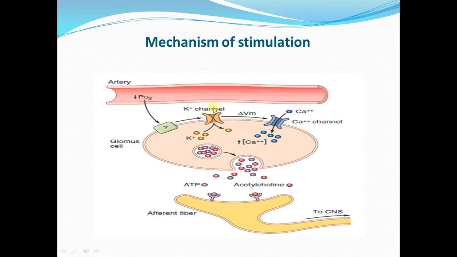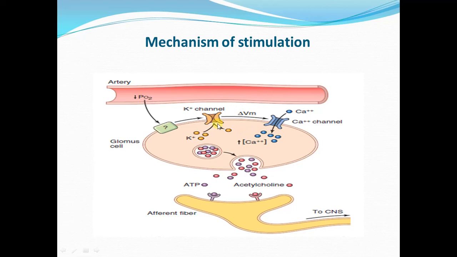It does not diffuse out from the cell. Due to this, there is increased concentration of positive ions inside the cell, leading to depolarization. This depolarization in turn causes the opening of the voltage gated calcium channels.